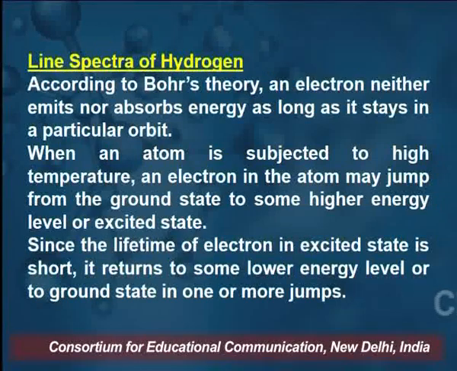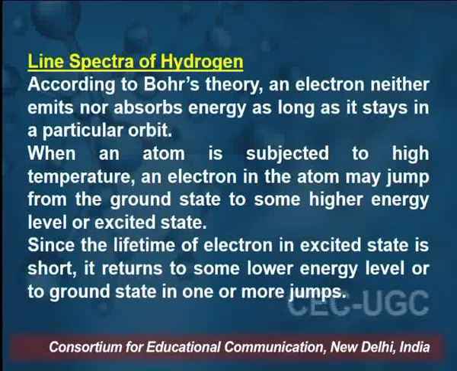Another important aspect which Bohr model explained was the line spectra of hydrogen. According to Bohr's theory, an electron neither emits nor absorbs energy as long as it stays in a particular orbit. When an atom is subjected to high temperature, an electron in the atom may jump from the ground state to some higher energy level or excited state.